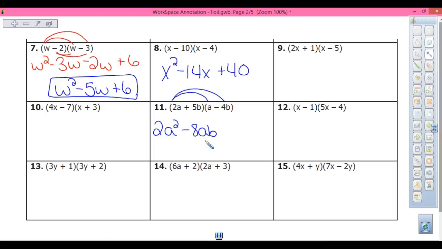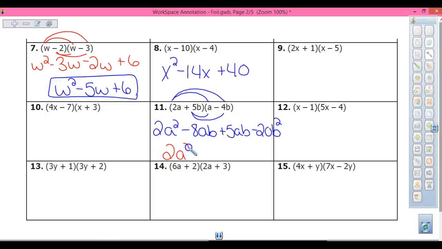Then I've got 5b times a, which gives me plus 5ab. Very good. And then at the end, when I take my 5b times my negative 4b, I get negative 20b squared. So all I have to do is combine the middles, right?